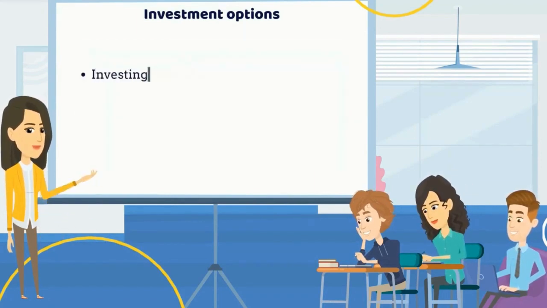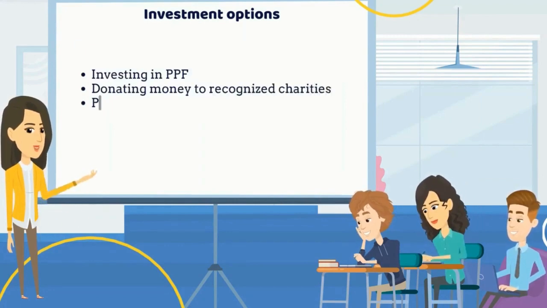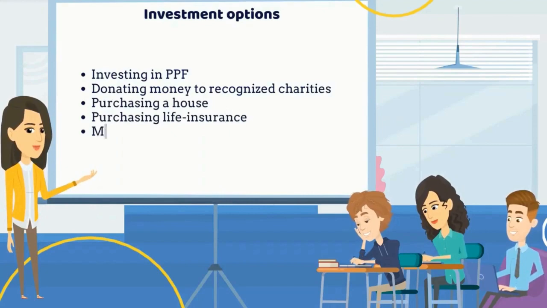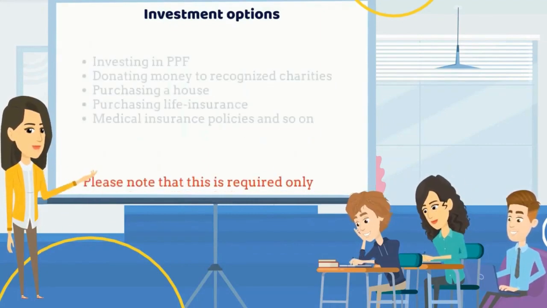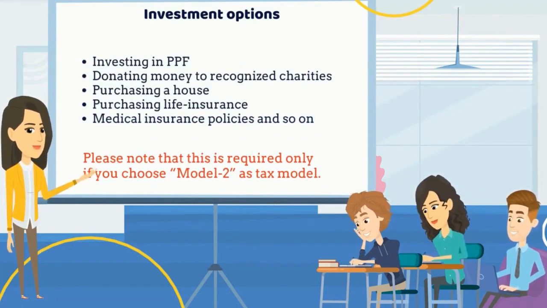For example, investing in PPF, donating money to recognized charities, purchasing a house, purchasing life insurance, medical insurance policies, and so on. All such expenses are called as tax-saving investments.